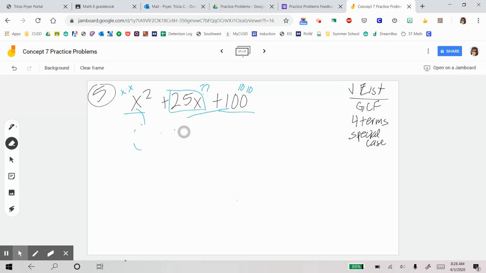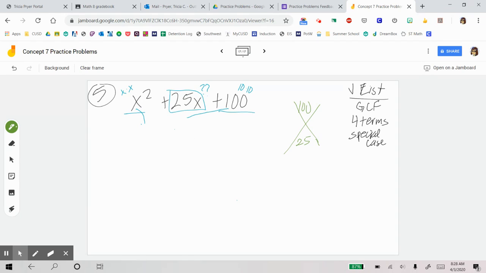Okay, so the x method means that we're going to be looking for, do a different color now, a multiply number, which is 100, and our add number is 25. So what two numbers multiply to get 100, but add to get 25?